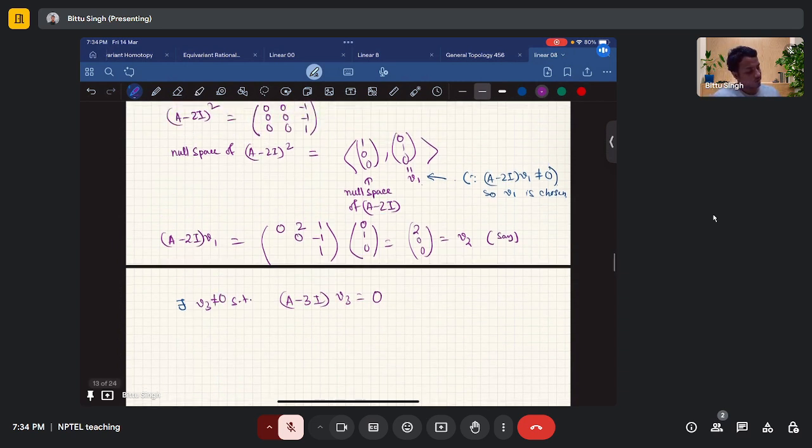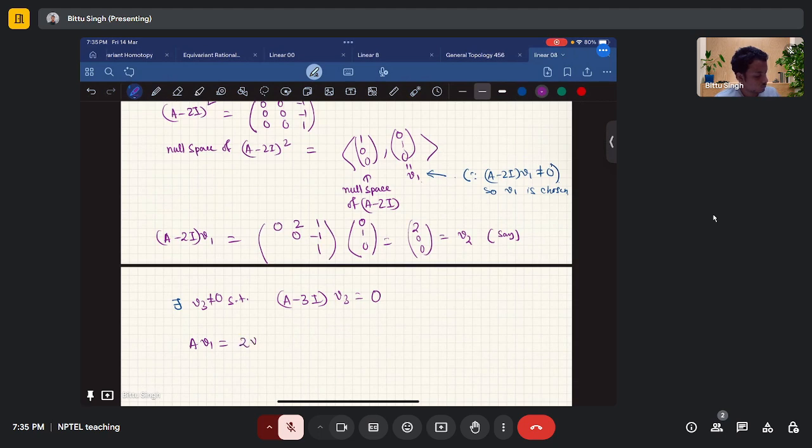So from all those data, what we have already obtained. First, we obtained that A times v1 is 2 v1 plus v2. Just rewriting those things. A times v2, it is actually 0 because A times 100 is 0.